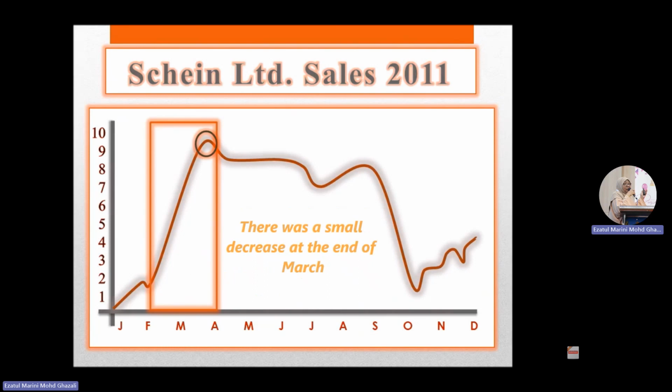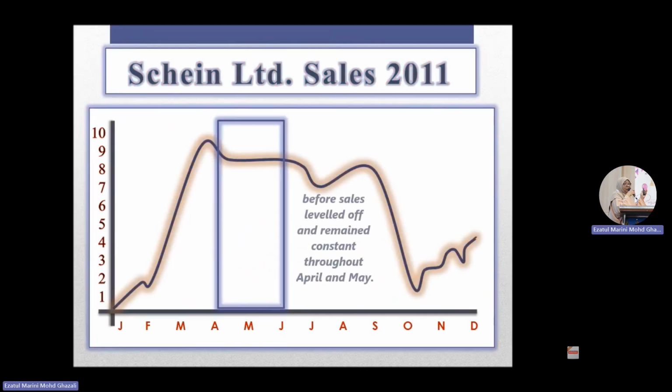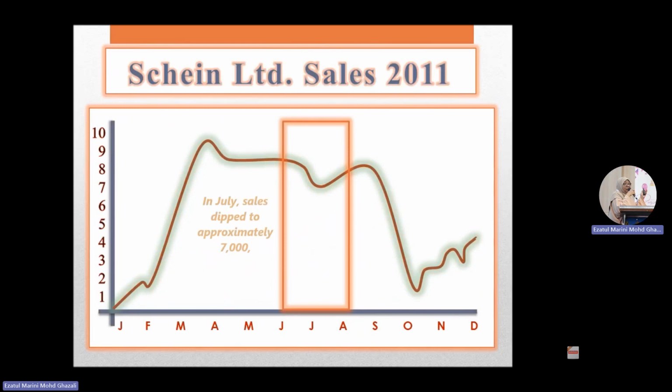There was a small decrease at the end of March before sales leveled off and remained constant throughout April and May. In July, sales dipped to approximately 7,000, but improved in late August to reach 8,000.